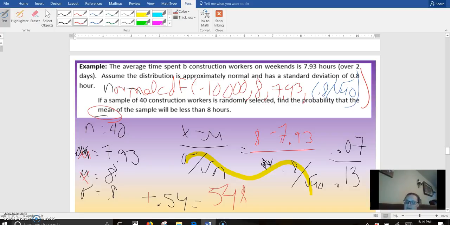Okay, so I'm going to type it in. 8, 7.93, parentheses 0.8 divided by square root 40. Hang on. 0.13. All right, and then I'm about to show you something.